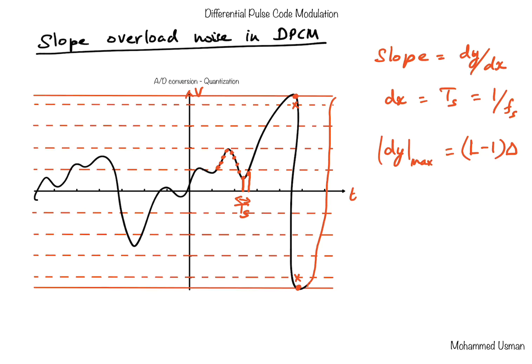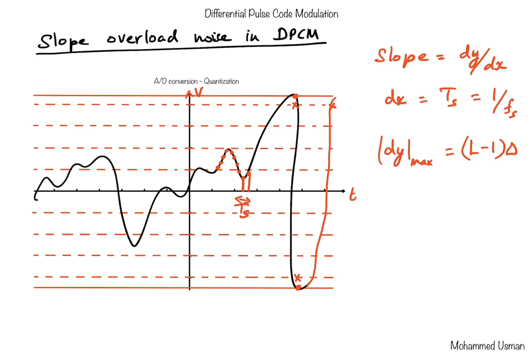How did we reach this L minus 1 delta? The maximum change that can happen along the y-axis is from the highest level to the lowest level, or from the lowest level to the highest level, right? Suppose we consider these three samples where the transition is taking place from the highest to the lowest and then from the lowest to the highest again.